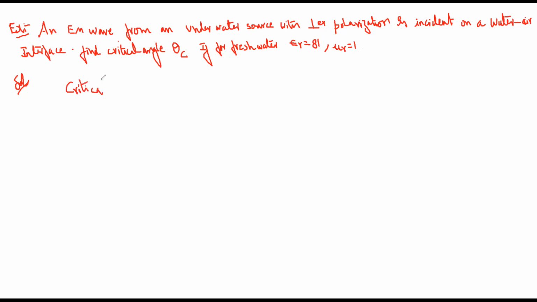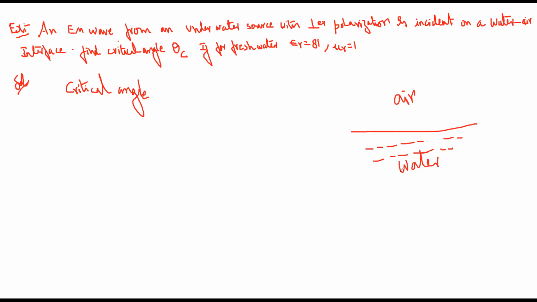Critical angle. Here is the water and here is air, the interface between these two. An electromagnetic wave from an underwater source with perpendicular polarization.